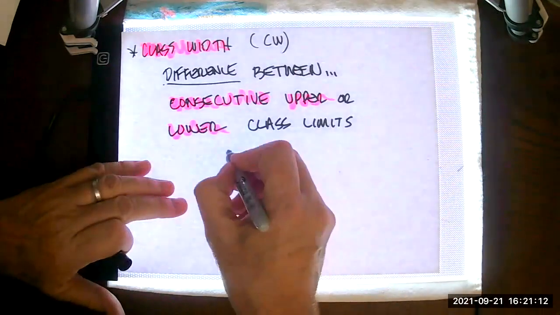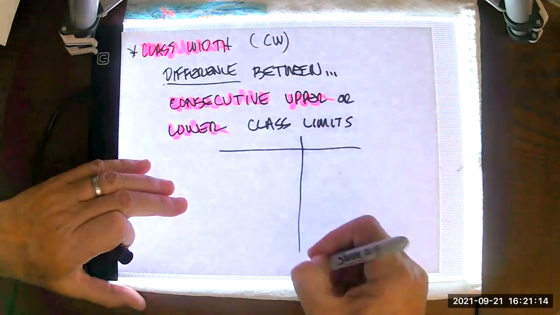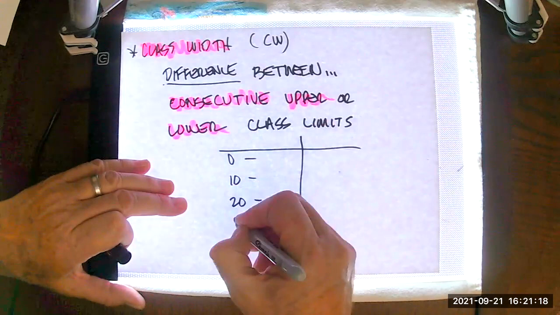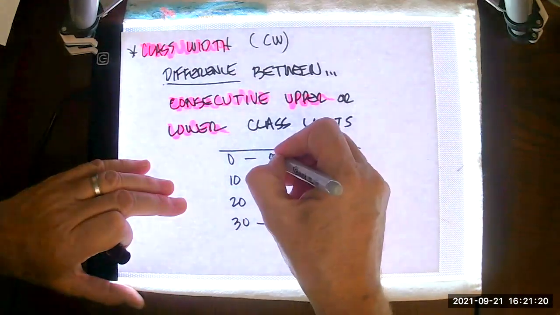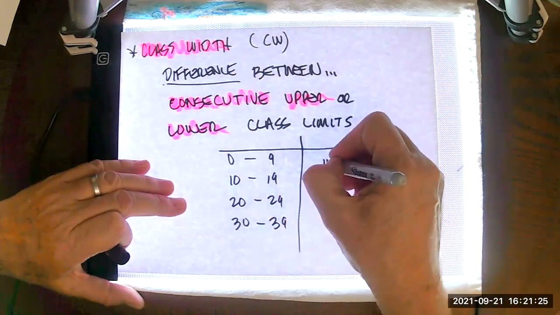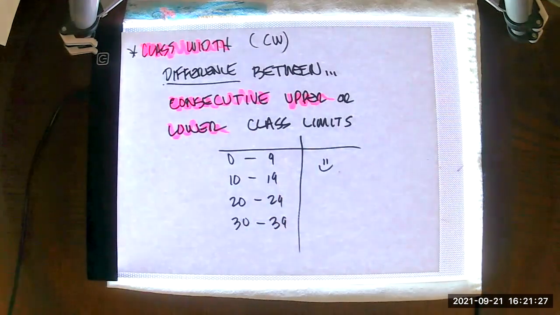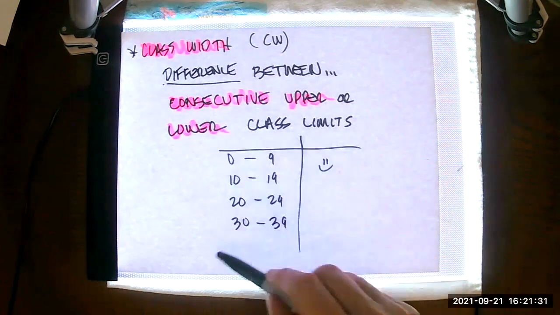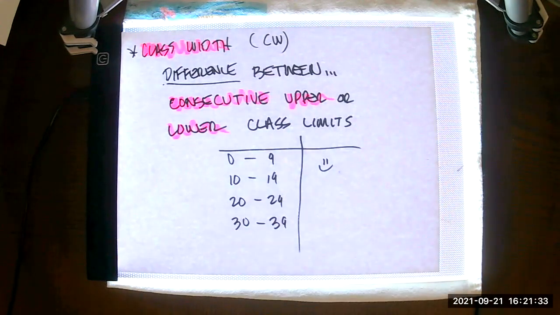If I go back to that last one, I don't care again about the counts, not now, not for this. So those are my class limits right there.